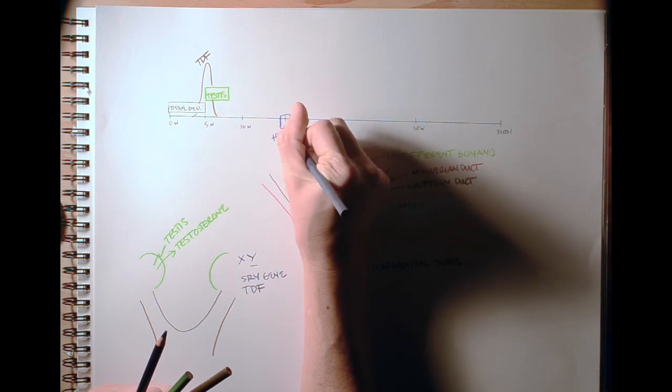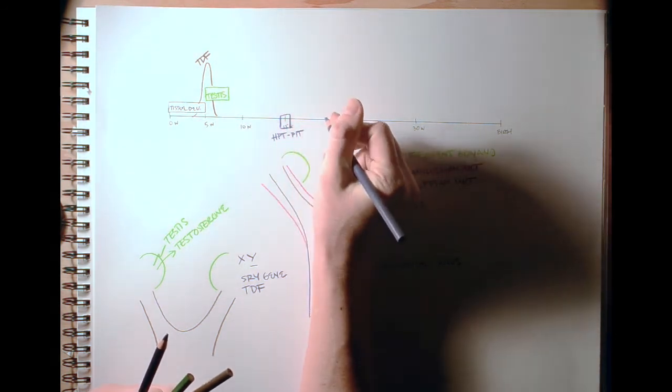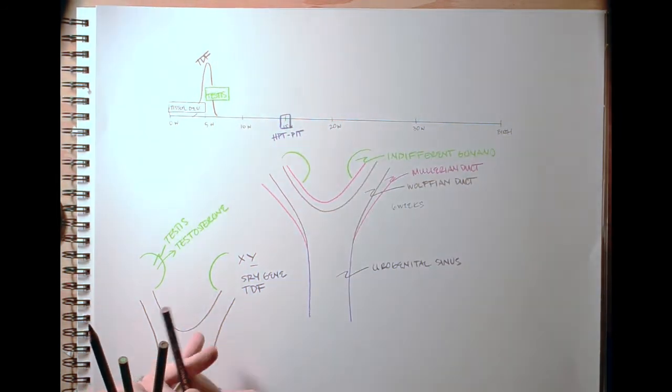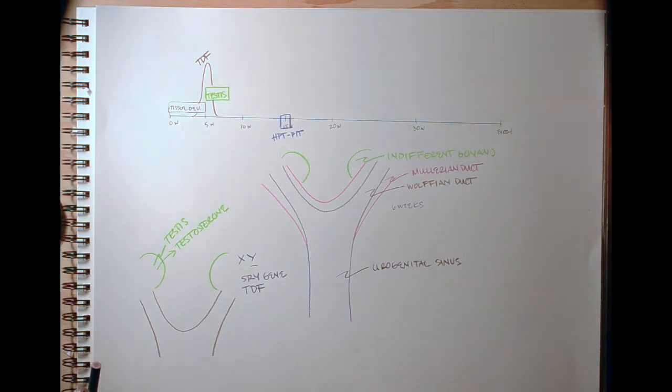So this is the hypothalamic pituitary axis, which is established at about 15 weeks of age, which means that the testosterone production, which is happening during this period of time, is actually independent of any pituitary regulation. So there are local factors which are going to be contributing to testosterone production during fetal development that we don't see during adult development.